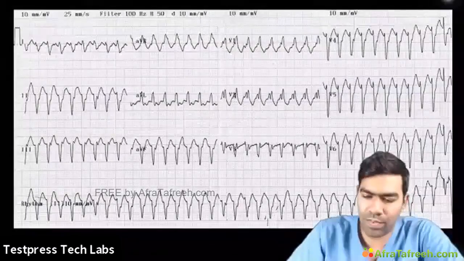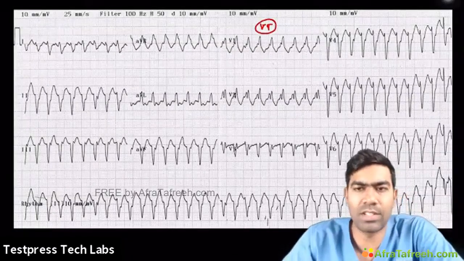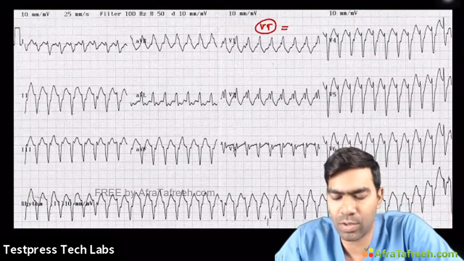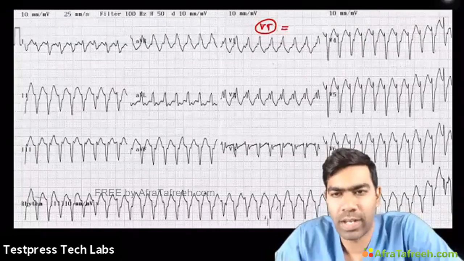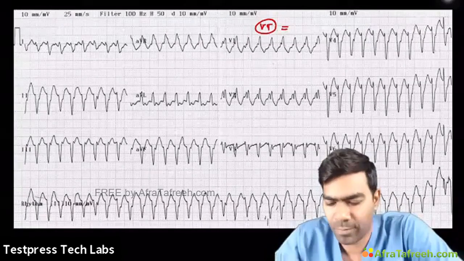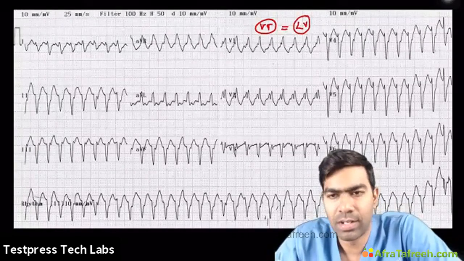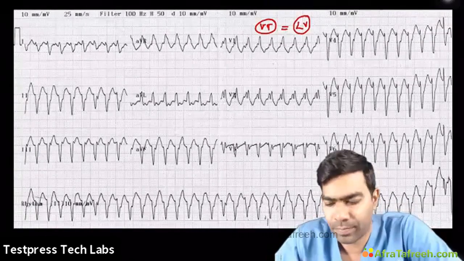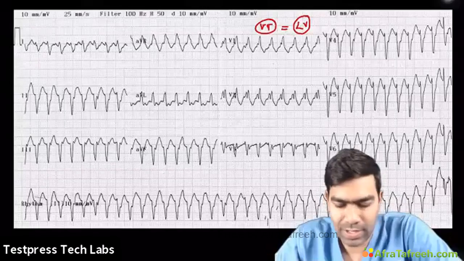Suppose you have a lot of evidence to tell it's a VT. If it's a VT, which ventricle is it originating from first, can you tell? LV or RV? Okay, it's coming from the left ventricle. Which location? First, anterior or posterior?